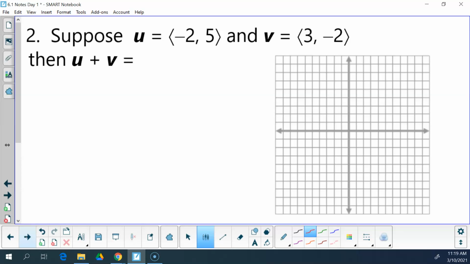So suppose we've got U and V. So U, I'll put in red, is the vector -2, 5.